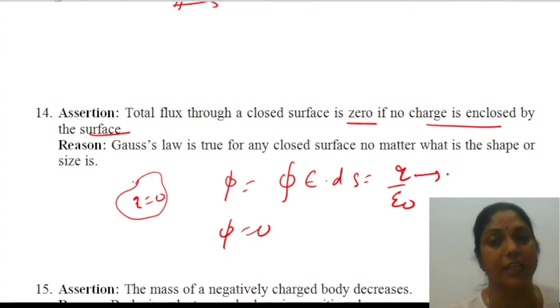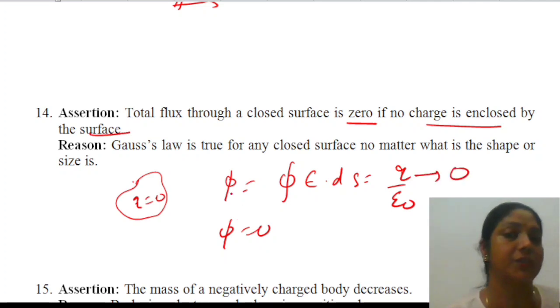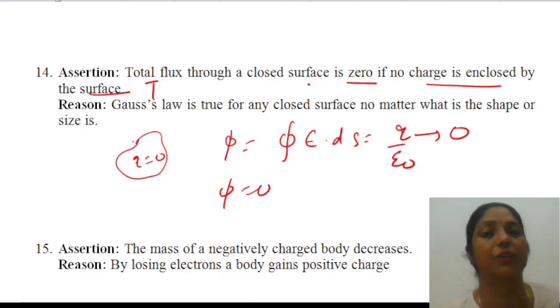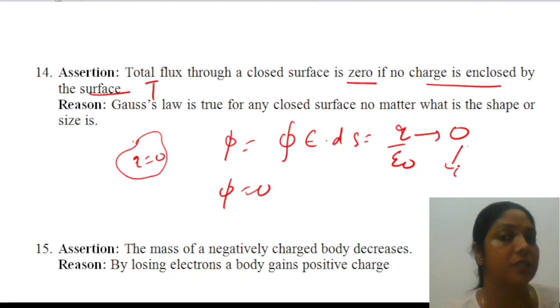Yes, if charge is 0, then phi is also 0. It means this statement is correct. Hope it's clear why this assertion is true, because phi equals Q by epsilon naught according to Gauss theorem.